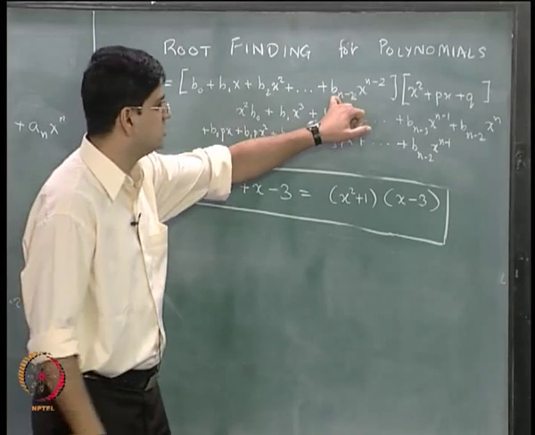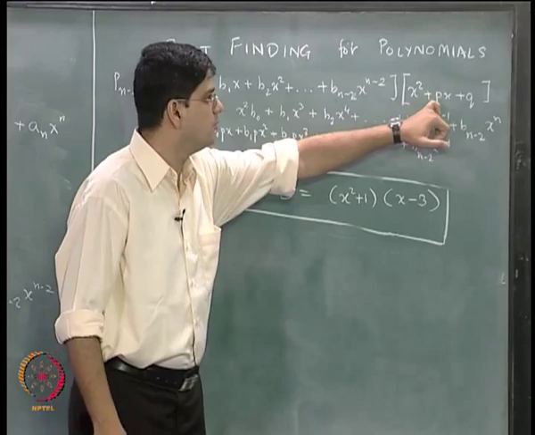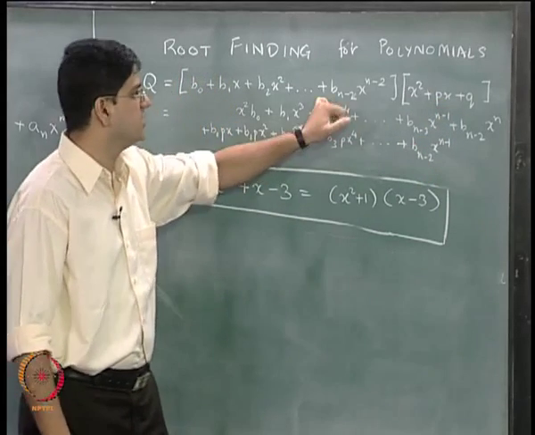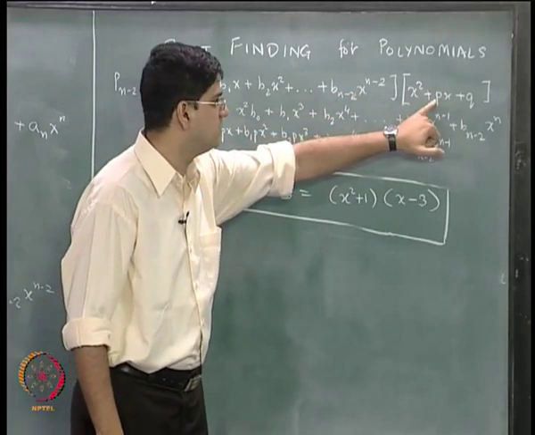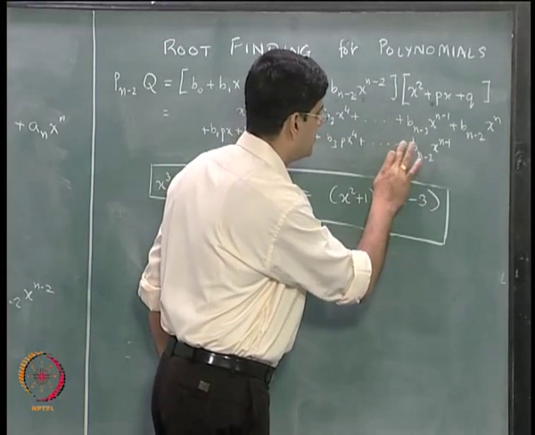This is bn minus 2 multiplied by x to the power n minus 2 multiplied by p multiplied by x, which will give us bn minus 2 multiplied by p multiplied by x to the power n minus 1. I am sorry, I missed a p over here.